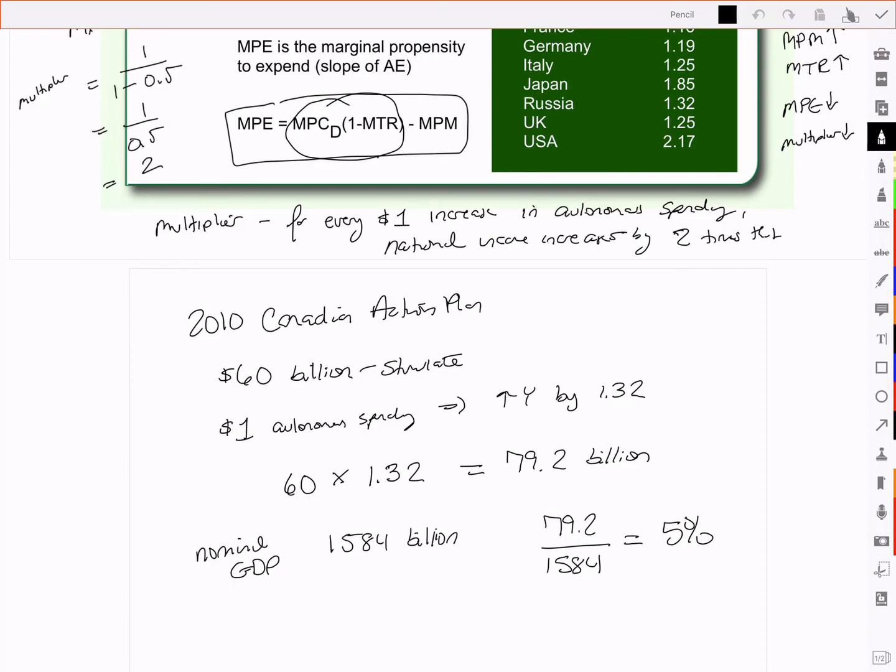Because if the government has to pay the full amount to stimulate the economy, then it's not a very good deal. And it can be very costly since the government is going to have to bear the entire burden of that. The larger the multiplier, the better fiscal policy works.